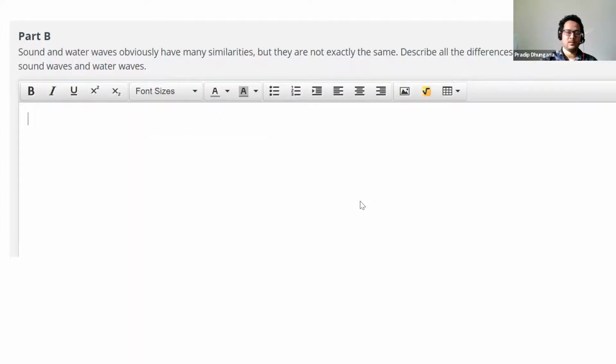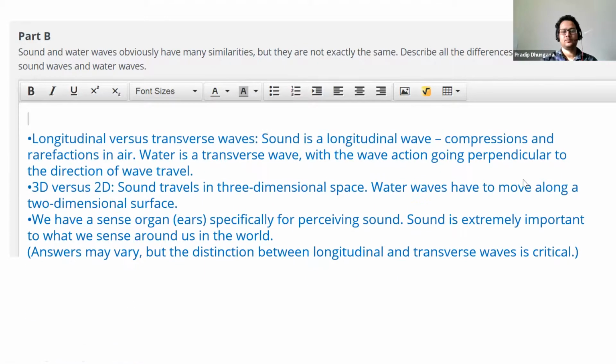Okay, let me answer it. The key difference between sound waves and water waves is that sound waves are longitudinal waves and water waves are transverse waves. We can see compression and rarefaction in air when sound waves travel.